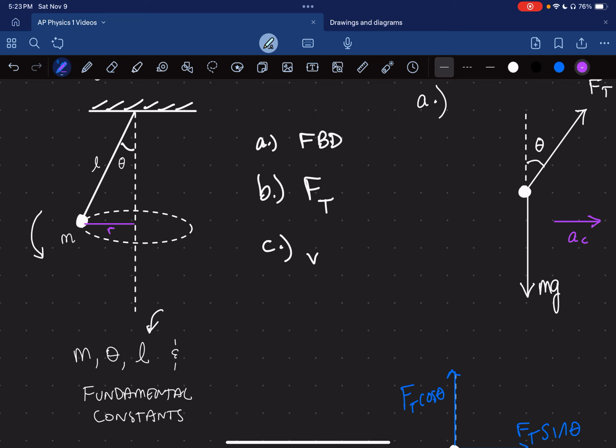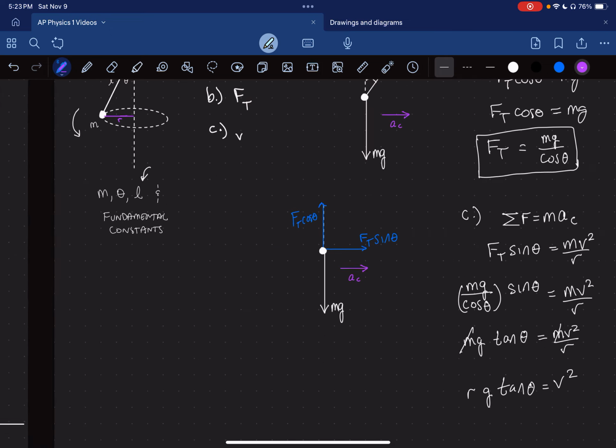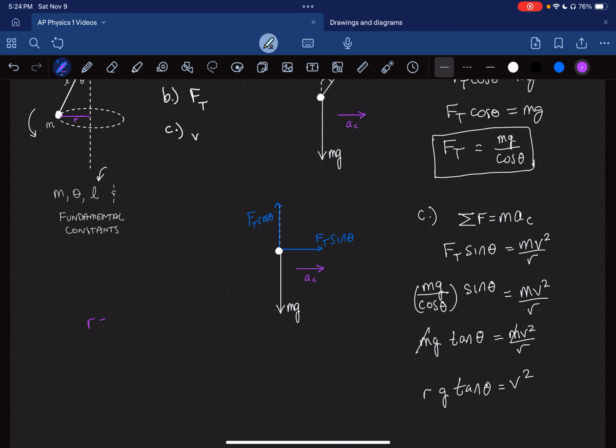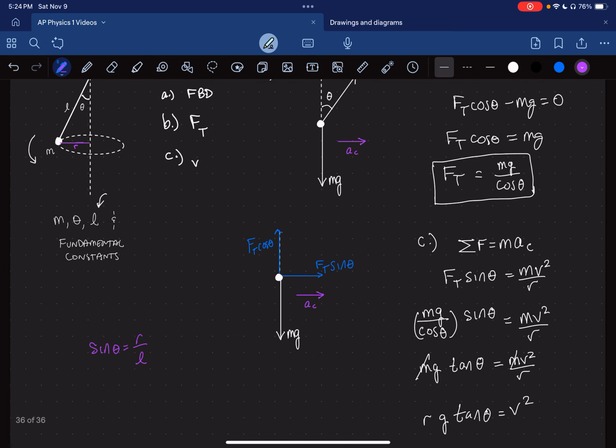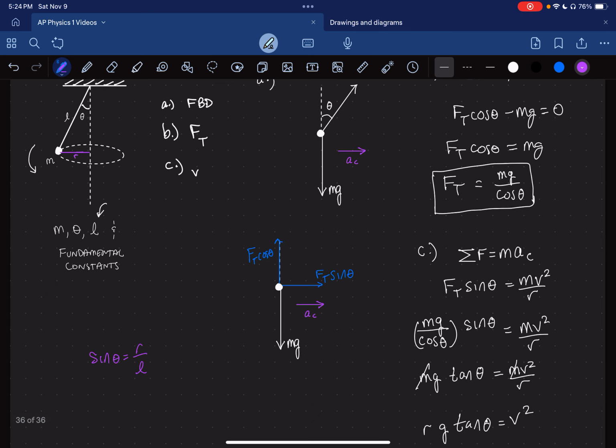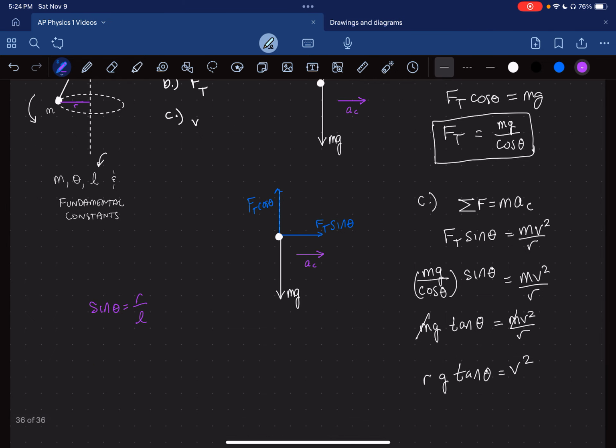So L is not equal to r, but we can make an expression for it. The sine of this angle is the opposite side over the hypotenuse. And so sine of theta is equal to r over L. All right, so pause it and think about that if that's confusing you. We're just looking at the triangle here and making a relationship. So r is just L sine theta.